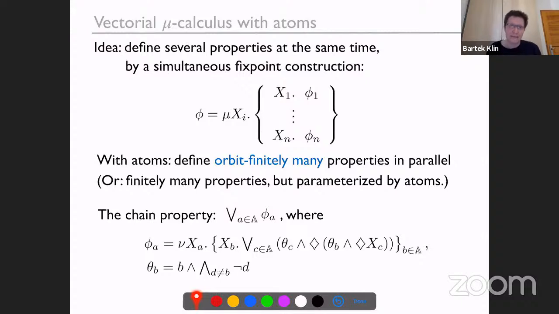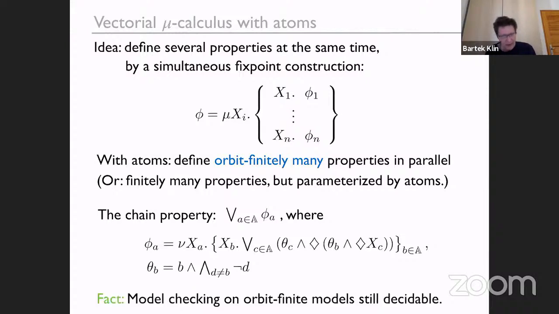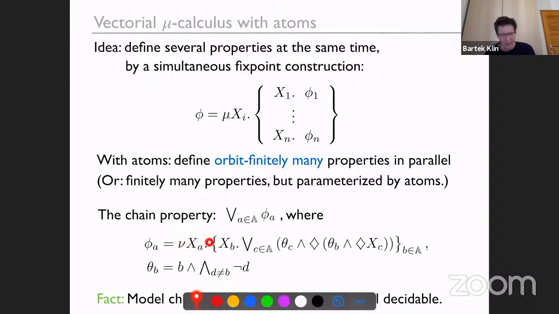then becomes expressible. I won't decipher this formula very carefully, but let me just say that I define a fixed point of a whole family of x's parameterized by atoms, and then the idea is that you can pass these atoms as a parameter to the same definition, and then you're allowed more flexibility.